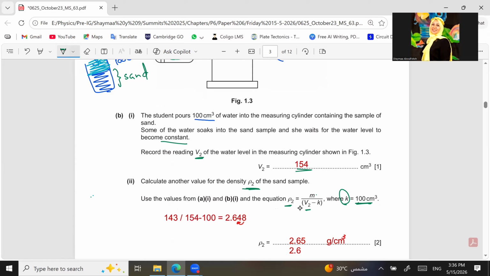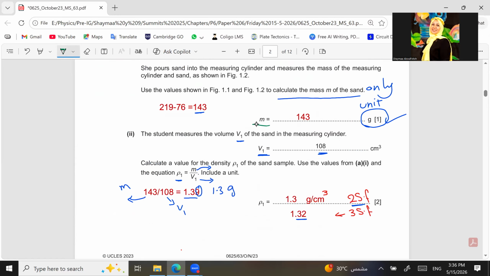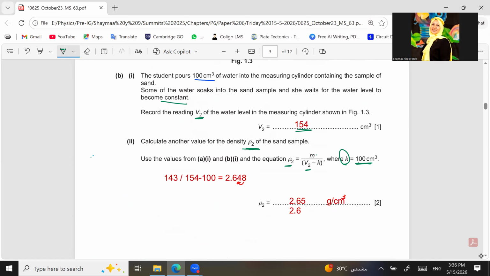Yes, I know this equation is not included in our curriculum, but as I said before, in paper 6 the equations are written, and you have to follow the equation. That's it. So I need rho 2. Let's see, M is 143 from the previous page, and then V2 I got at the beginning, which is 154.